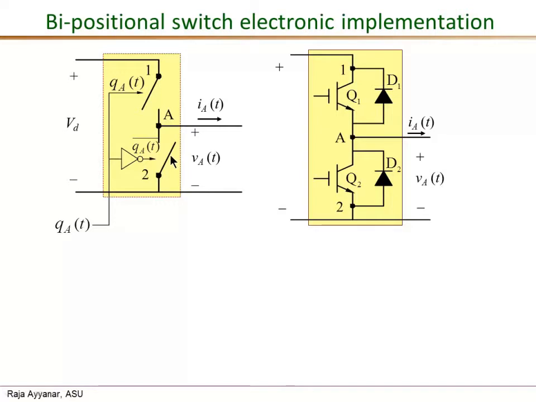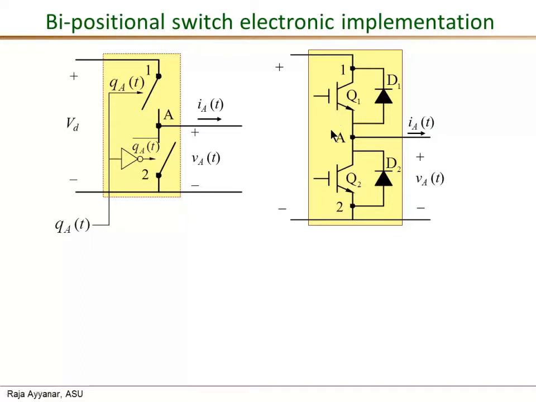Similarly, the bottom SPST is also implemented by a single controlled switch and a diode across it. So this gives you the complete implementation. In later slides we'll see that there are some simplifications that can be done depending on the specific application.